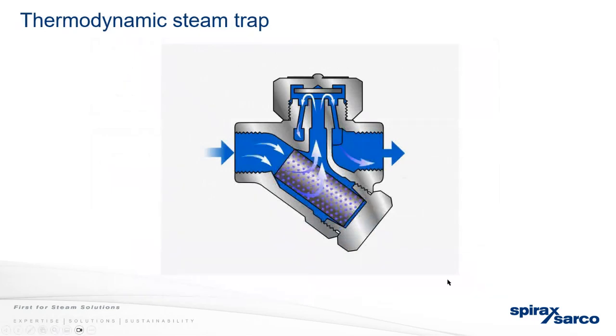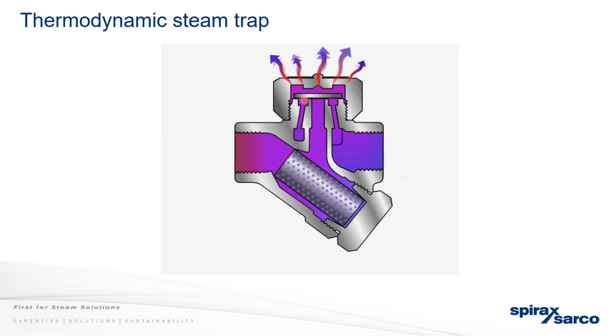So the thermodynamic trap. This does have a nice video for you. So here you go. As it shows here, as the condensate warms up, it works on velocity coming under the trap. So the faster it comes, you get a pressure drop, which pulls down the disc, which then closes the trap.